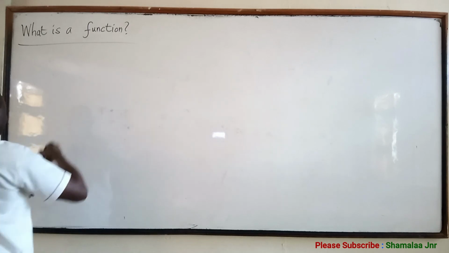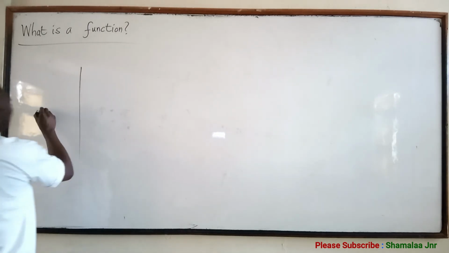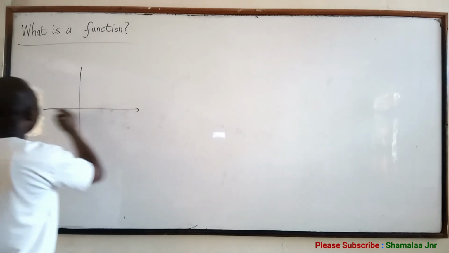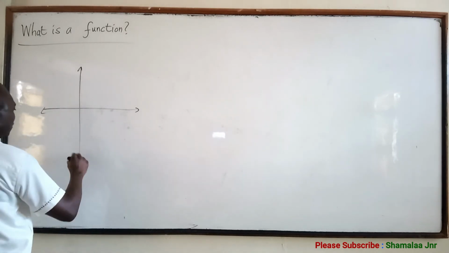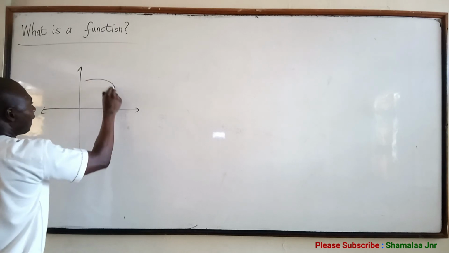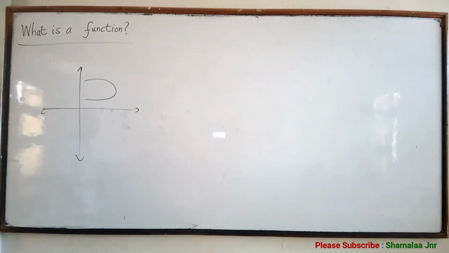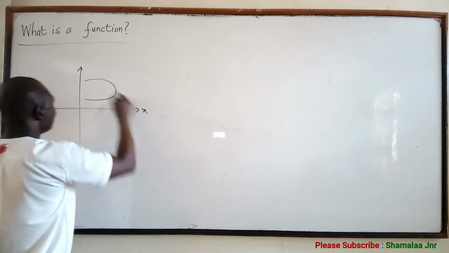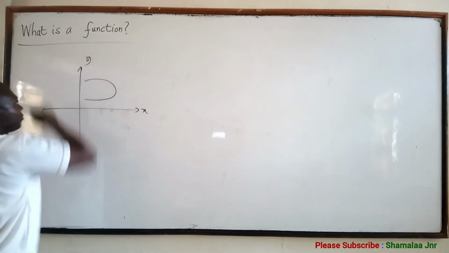Yes, let's look at other examples. When you have something like this, viewers, let's look at a graph like this. This is x, and let me call this one y.